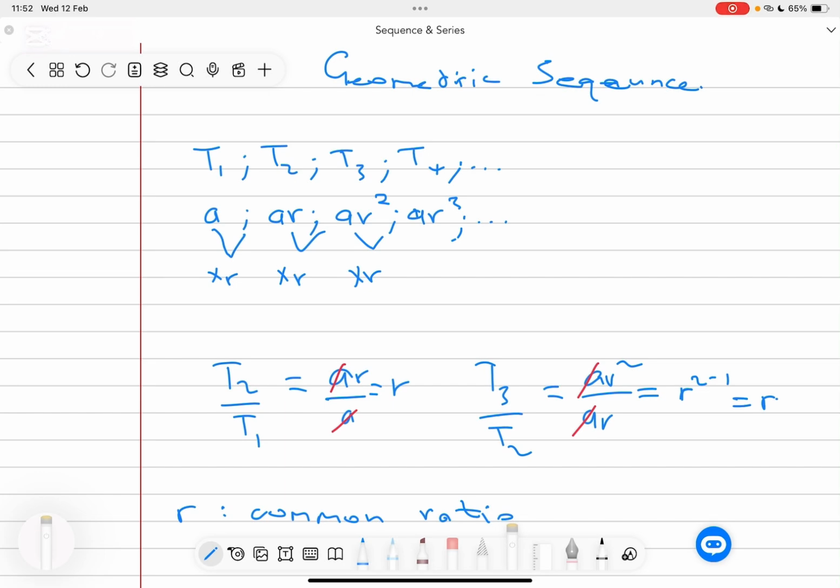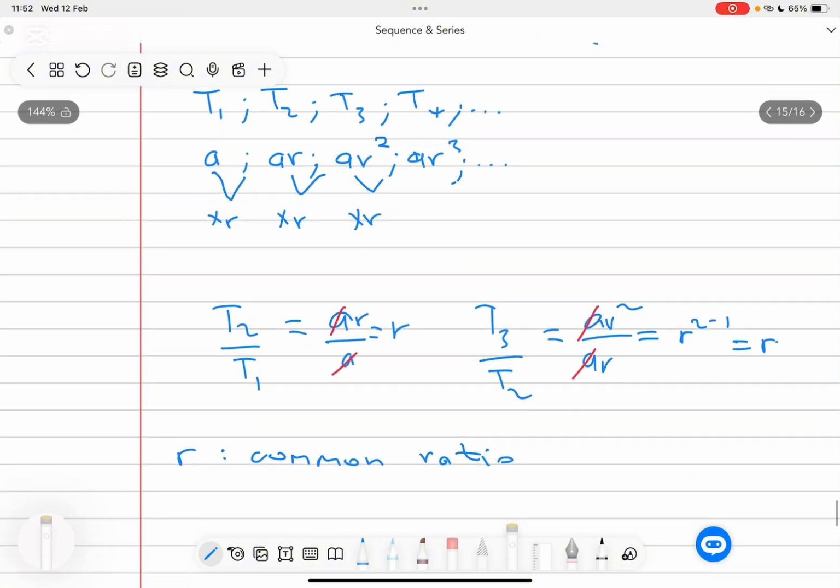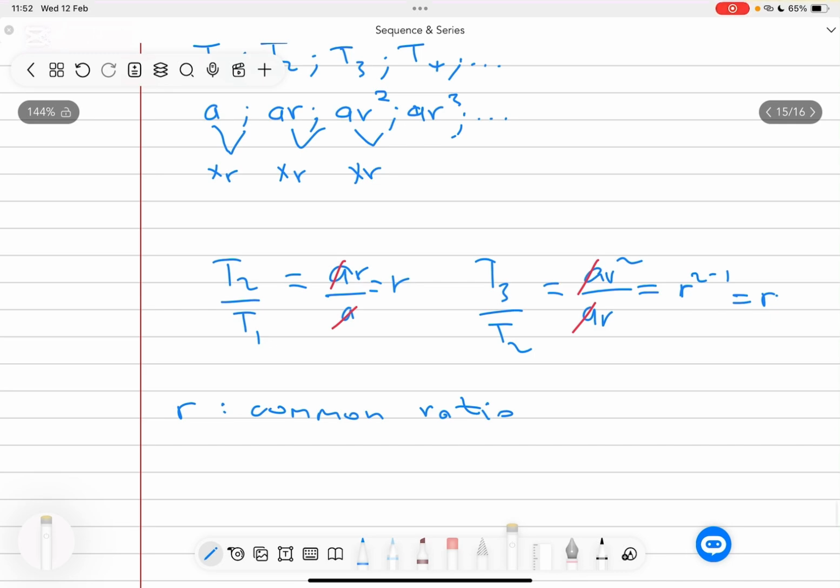But now the question would be, what actually transpired in term 1 for us not to have an R? Well, the best way of looking at this would be to say that term 1 was A R to the power 1 minus 1.